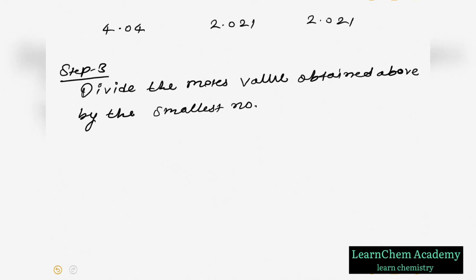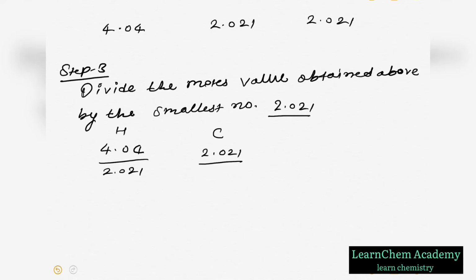So step third: divide the mole values obtained above by the smallest number. The smallest number is 2.021. So if we divide 4.04, which is hydrogen's moles, by 2.021, and here carbon's 2.021 divided by 2.021, and chlorine's 2.021 divided by 2.021.